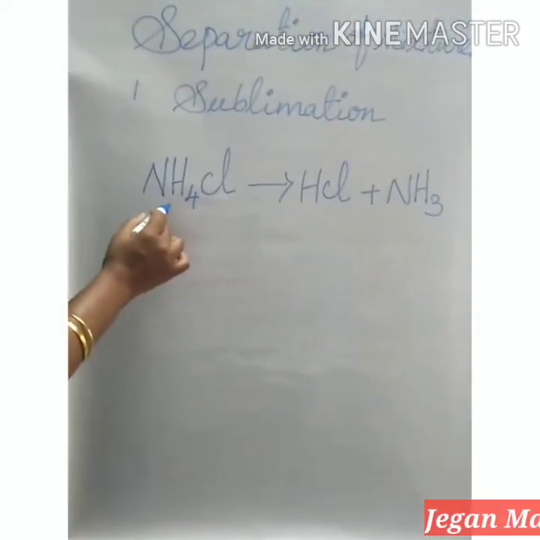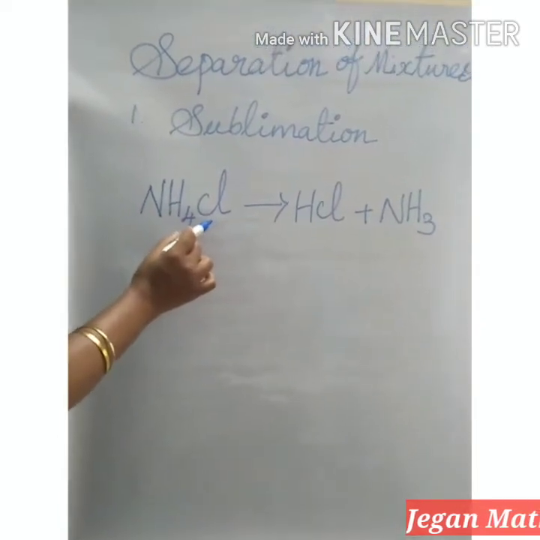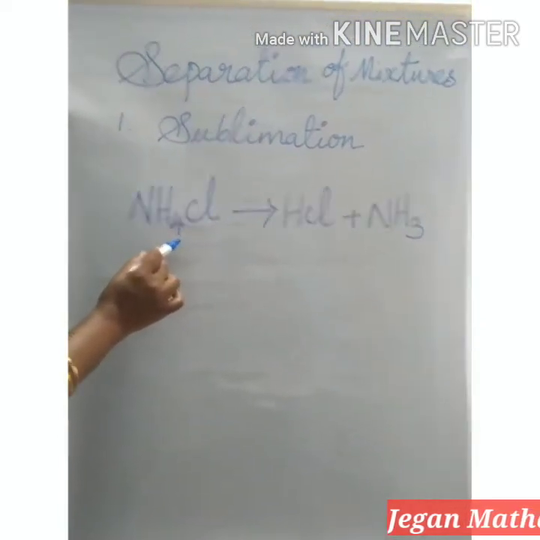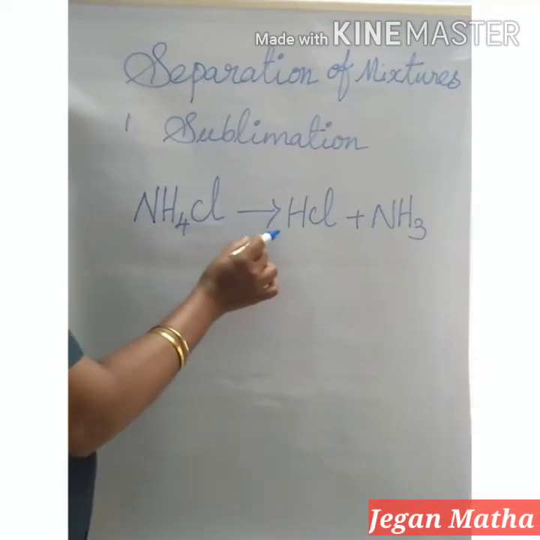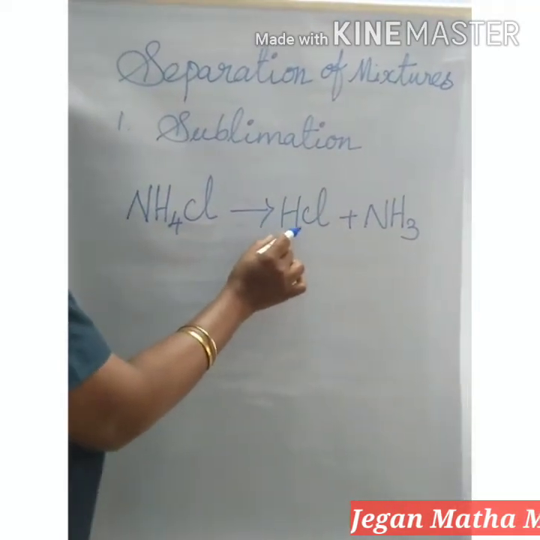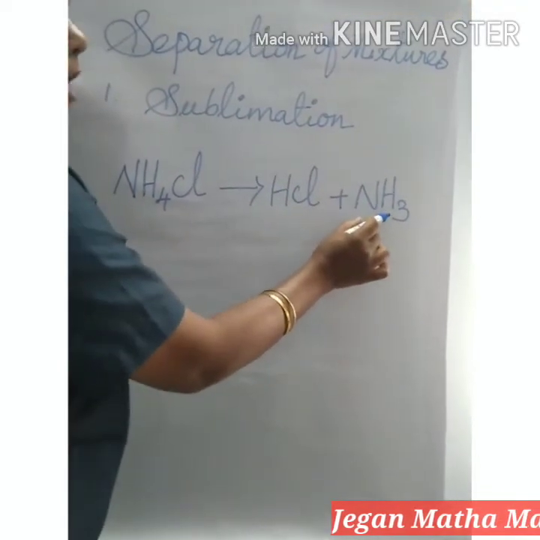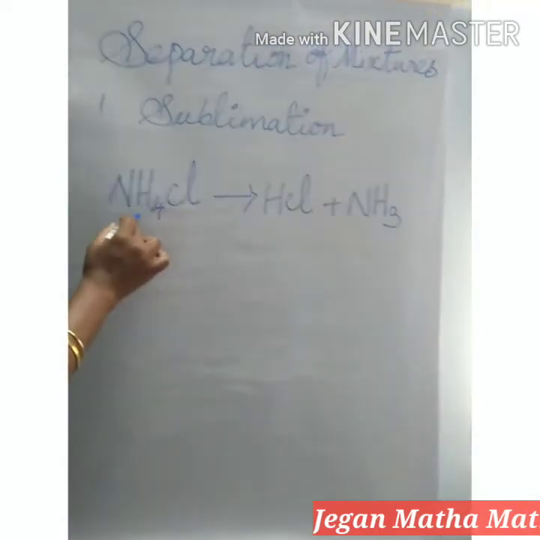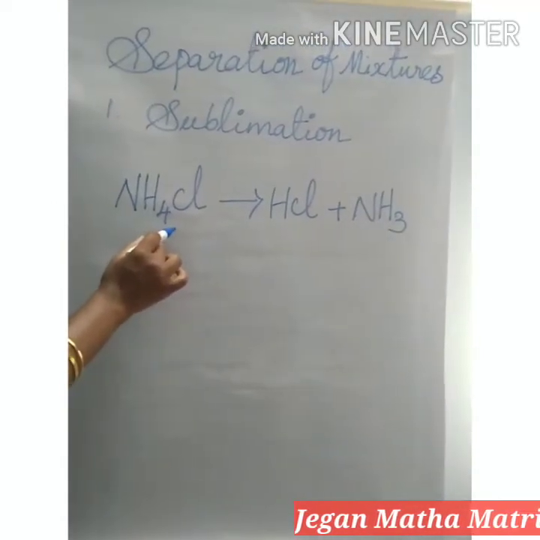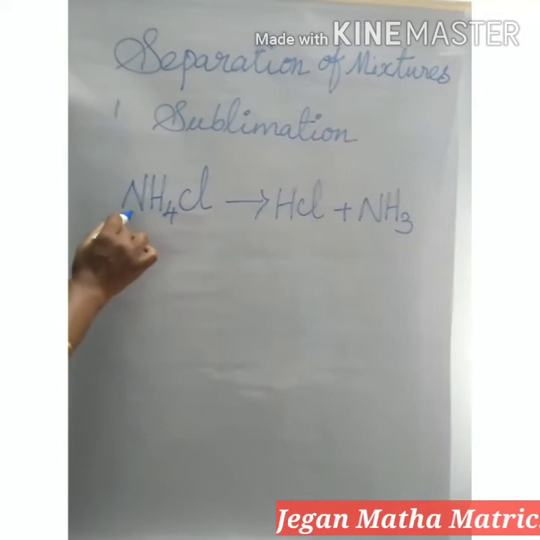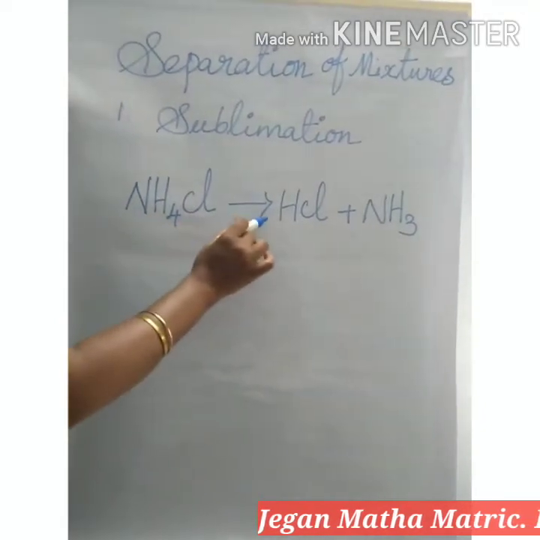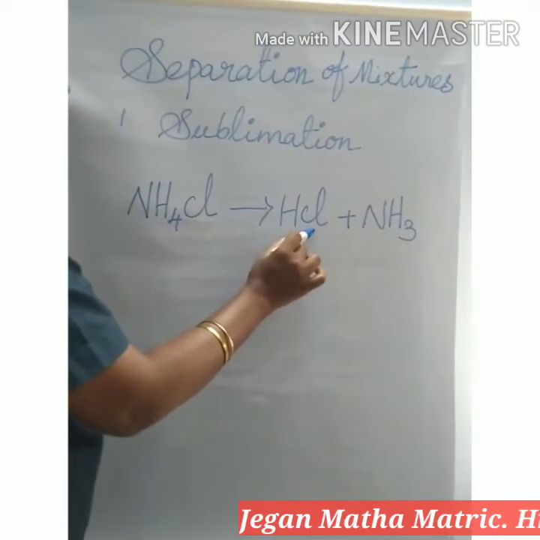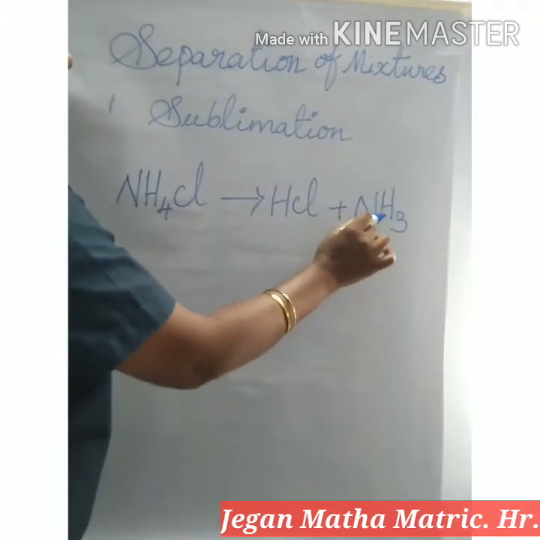The formula of ammonium chloride is NH4Cl. It gives hydrochloric acid plus ammonia.